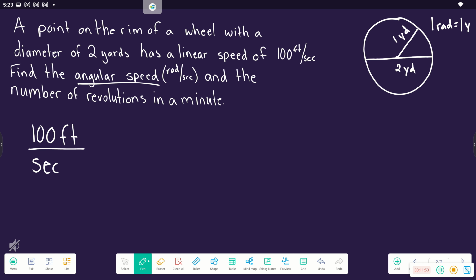But currently, my units are in feet. So I need to first change my feet to yards. If we recall from the previous video, in 1 yard, there are 3 feet. You should have some of these conversions memorized or down on a note card, anything like that. Now that I have yards, I can change my yards into radians.